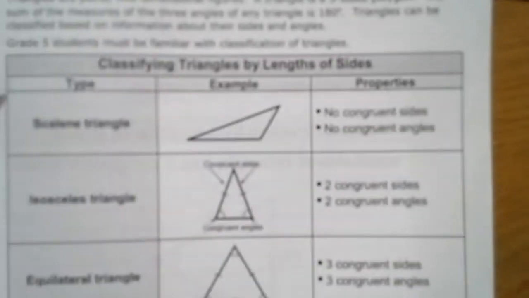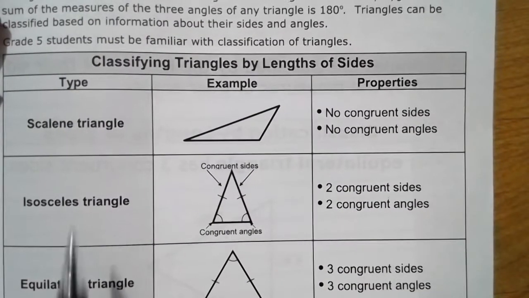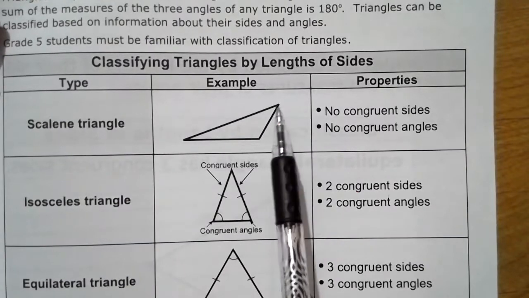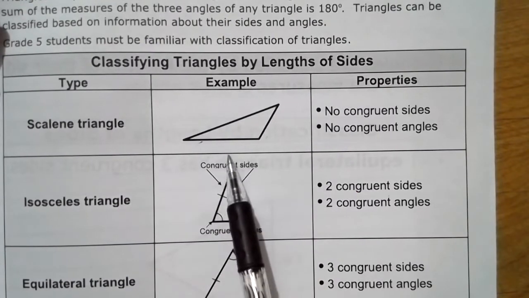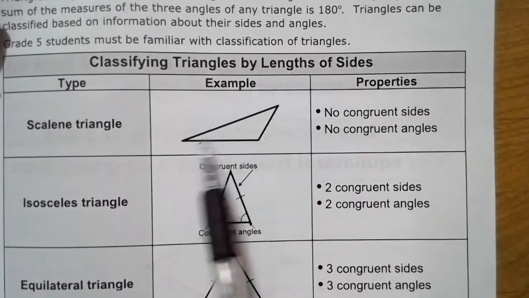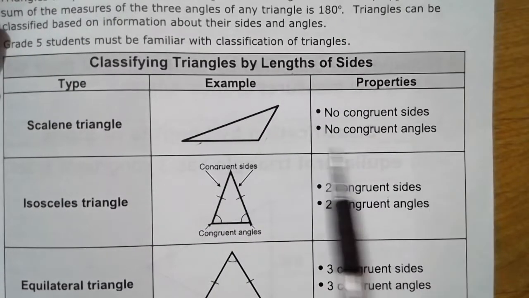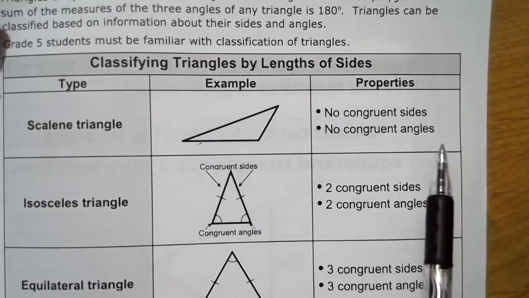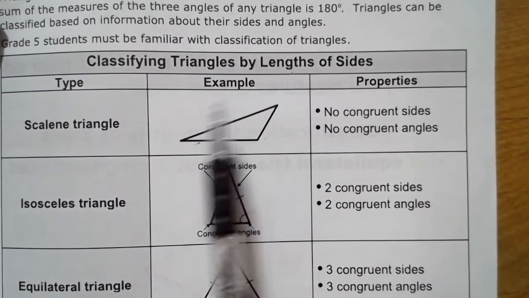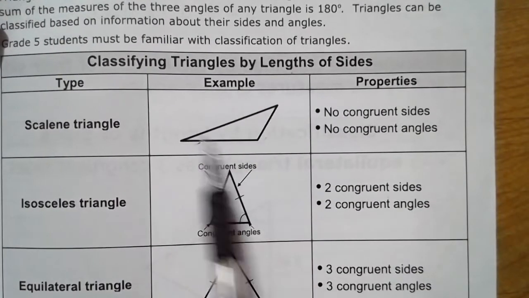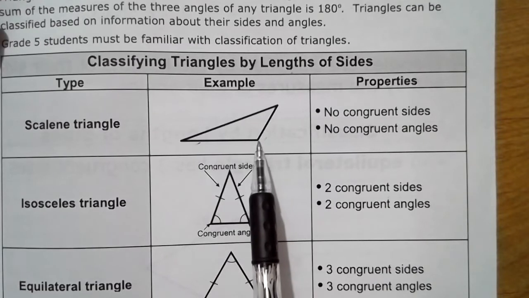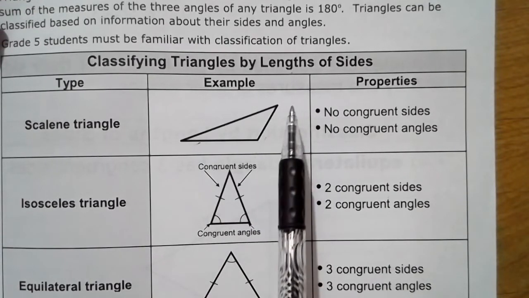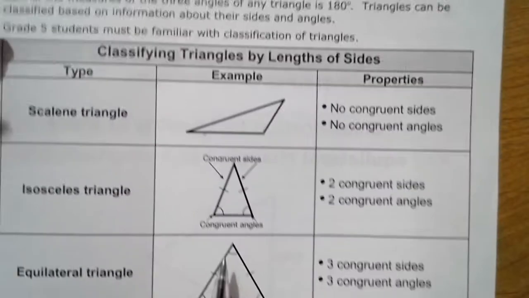So classifying triangles by lengths. So a scalene triangle, none of the sides are the same. No congruent sides, no congruent angles. So this cannot be a regular polygon, can it? Because in a regular polygon, all the sides are the same and all the angles are the same, okay?